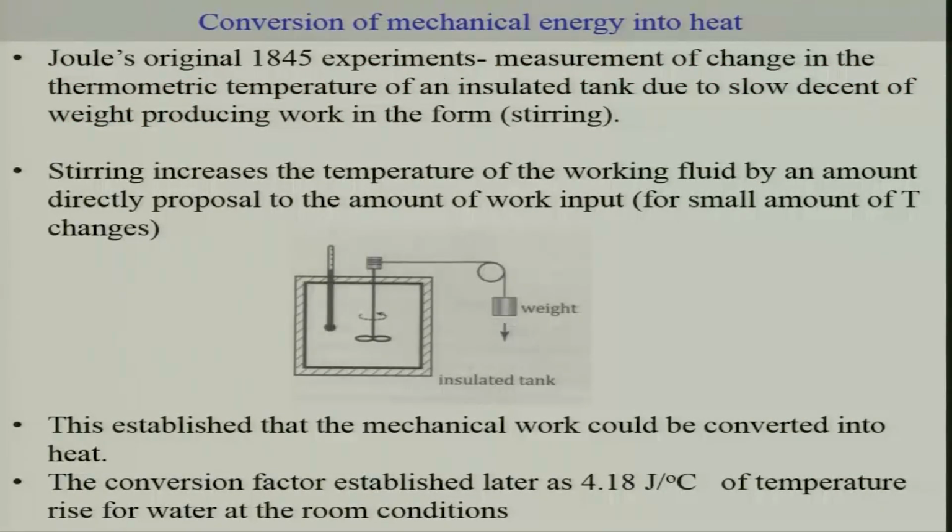Now, while we are talking about mechanical energy or mechanical work, this was thought of much earlier by Joule, who tried to convert work into heat and vice versa.